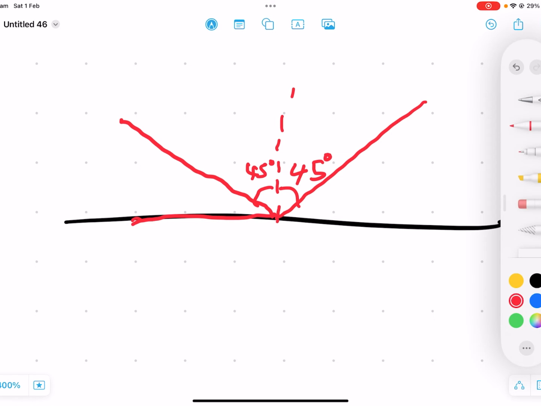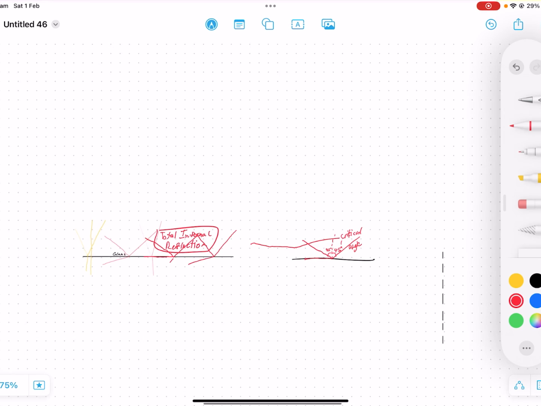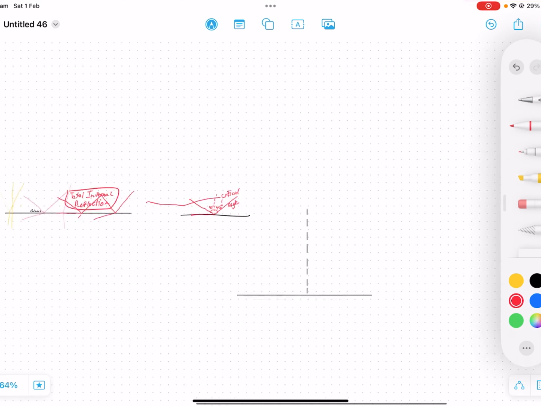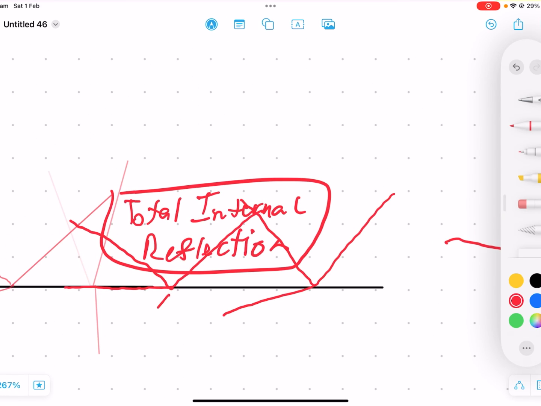By the way, this changes from substance to substance. That means that 45 degrees is the critical angle. This is when the mirages were. Remember? It gets reflected off the air and then it comes into your eyes. I'll check my video on mirages for that. Anyways, this was all the critical angle you can see.